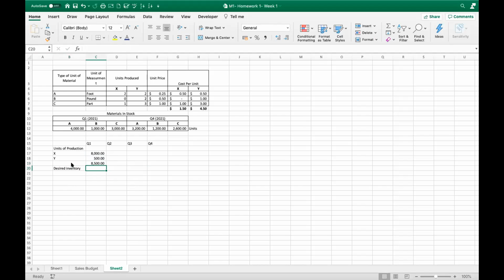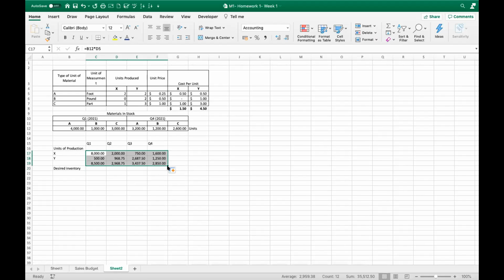Okay. All right, and for the desired inventory, I'm not sure what the formula is. What did you put there, Lilian? For desired inventory, I put the 5,000. Okay, so it's the 20% of the next quarter production, right? Yep.